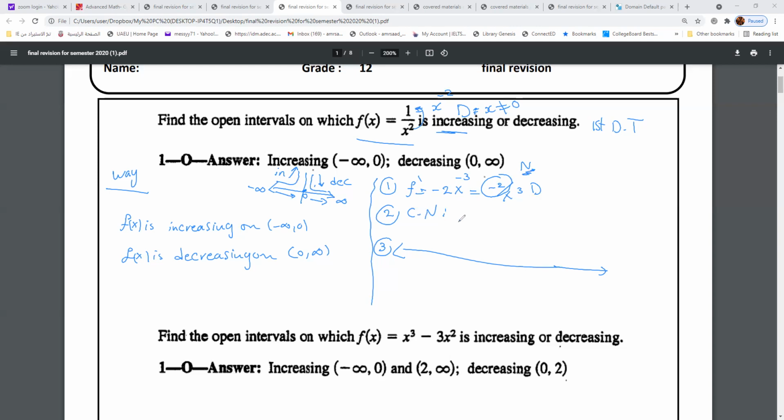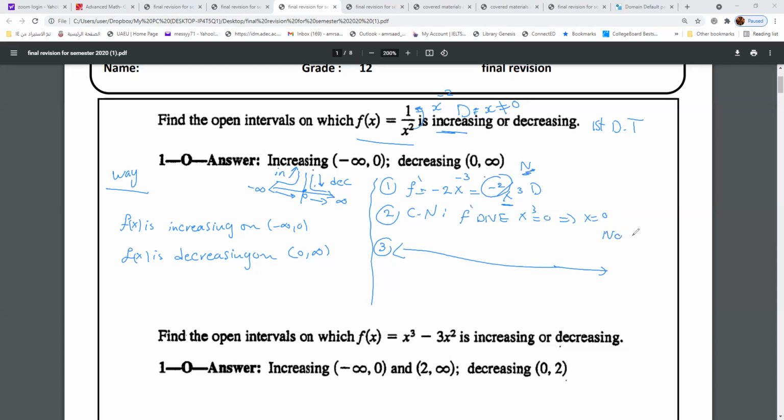Negative 2 is impossible to be 0, so we don't have a critical number at which the first derivative equals 0. The first derivative does not exist when x cubed equals 0, which implies x equals what? 0. But as you know, 0 is not included in the domain, so there is no critical number.